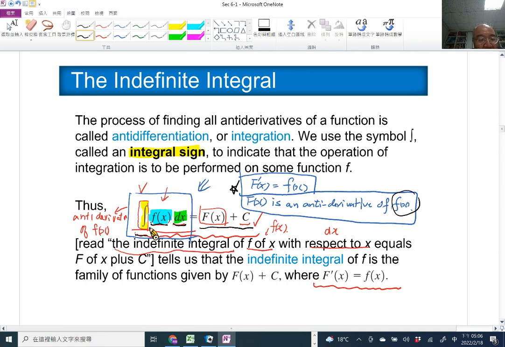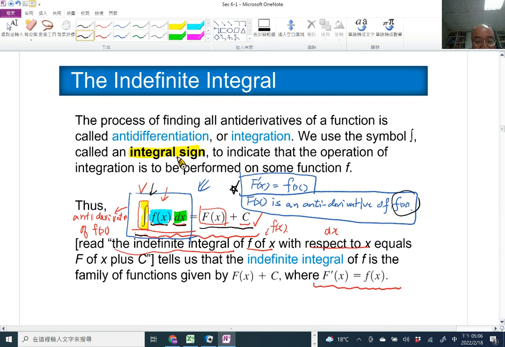So we use the integral sign, f of x dx, as the antiderivative, and then we use the result we found from the very beginning, capital F of x plus c.